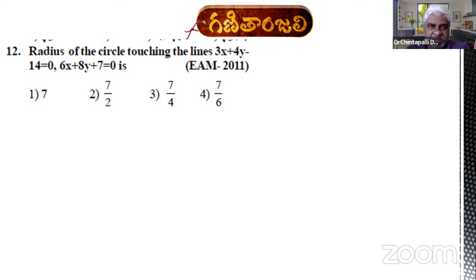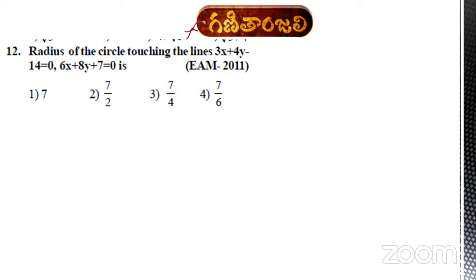See, the radius of this circle touching the lines 3x + 4y - 14 = 0 and 6x + 8y + 7 = 0. First of all, see if those two lines are parallel or not. Yes, they are parallel.